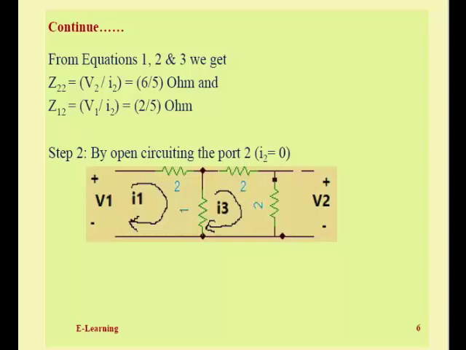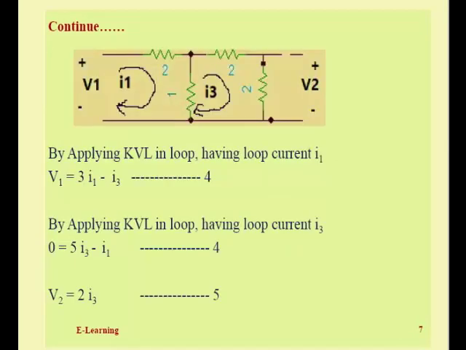Now step 2, we open port 2 here, and due to this I2 is 0. By applying KVL in this loop, we get V1 is equal to 3I1 minus I3.